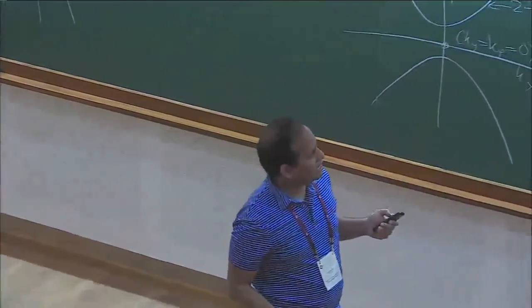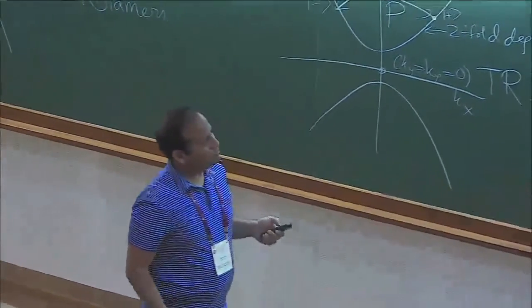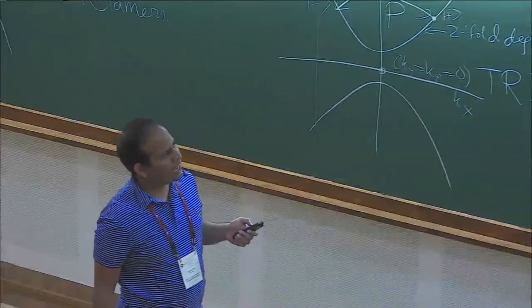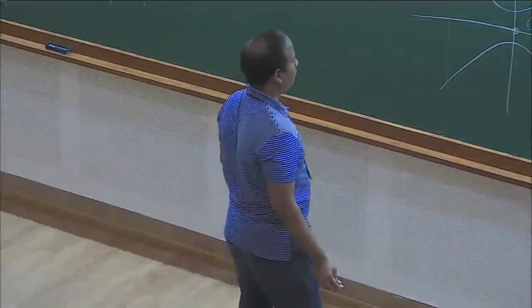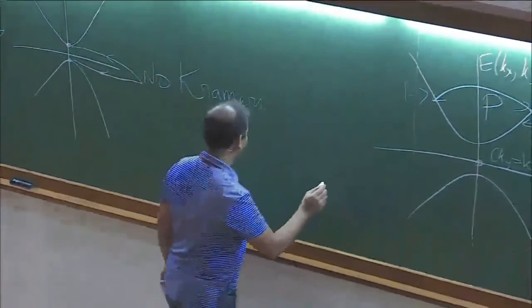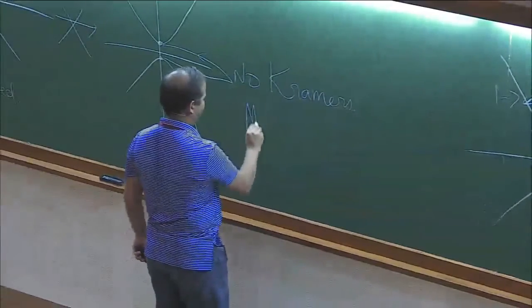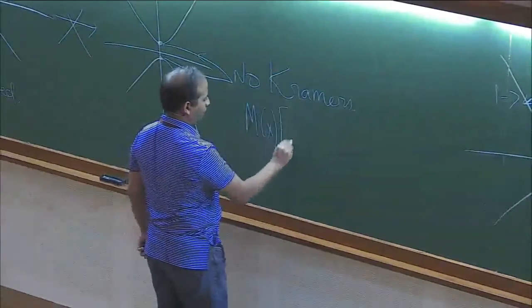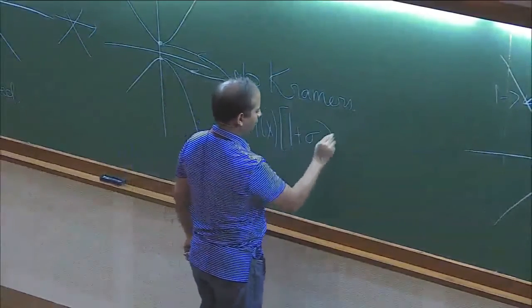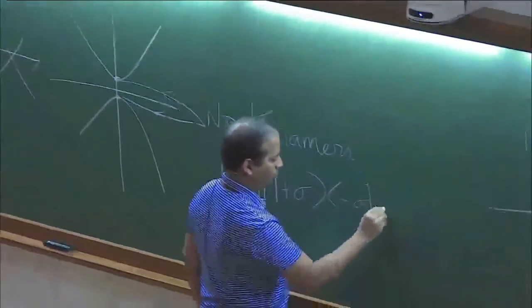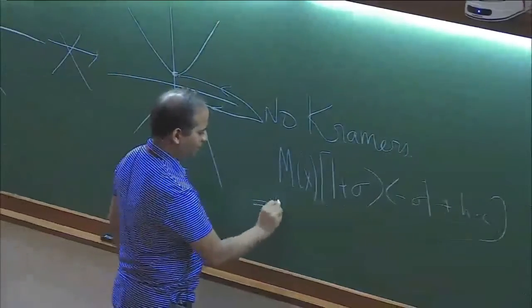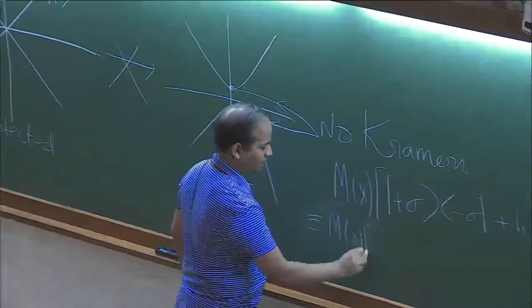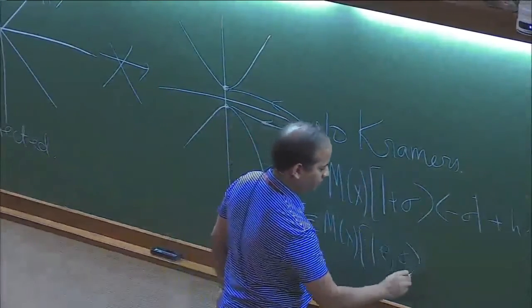So that means that the eigenstates of parity are linear combinations of plus and minus. So this perturbation that I had, m of x times plus sigma minus sigma plus Hermitian conjugate, this I can rewrite as m of x times e sigma.